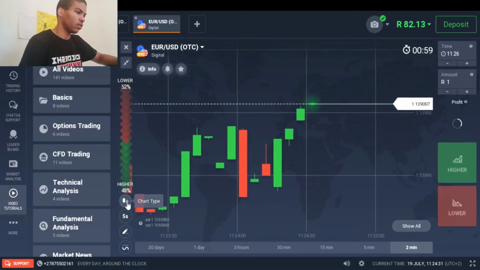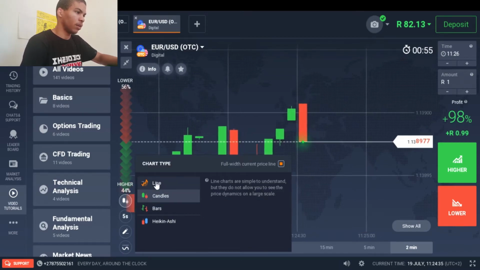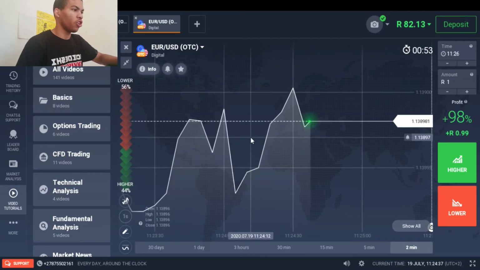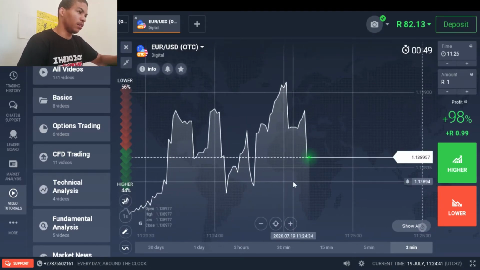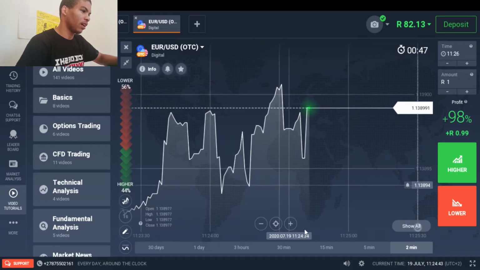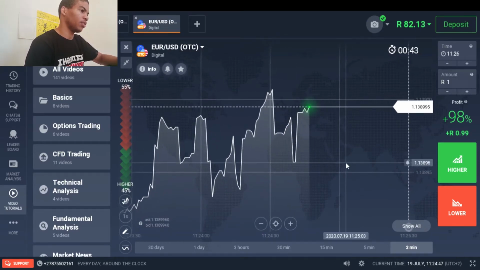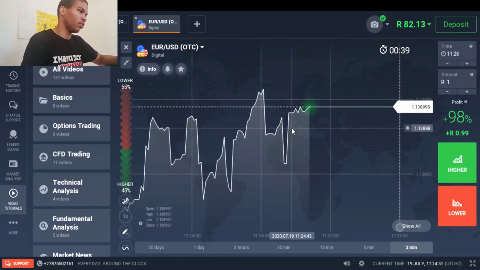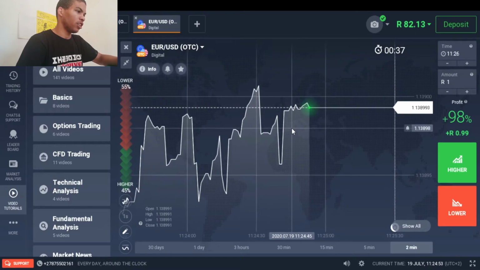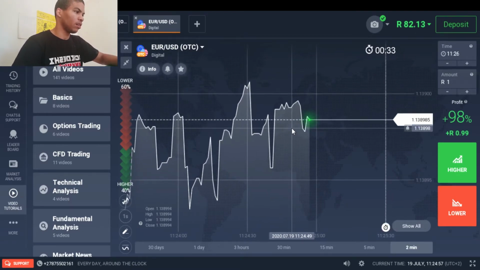Nice, and change this back to line. So when you open your IQ options, you will get to this first. We don't usually want to trade on a chart like this because it's a bit unpredictable, so we break it down or change it so that we are able to trade better on there.